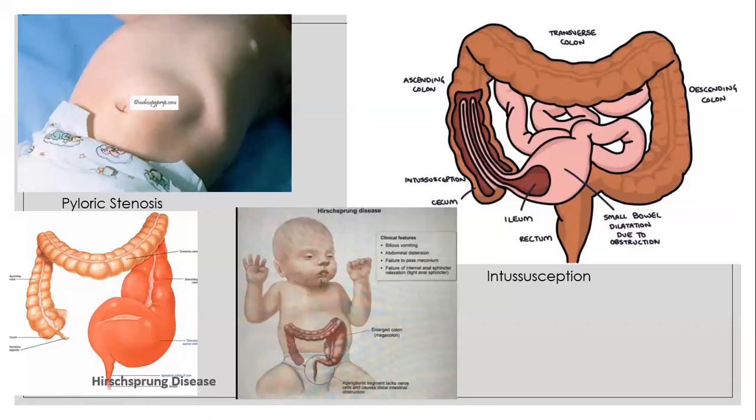In case of intussusception, it is an intestinal obstruction that results from a part of the intestine folding into the next part. So you see the part of this ileum gets inside the cecum or ascending colon.